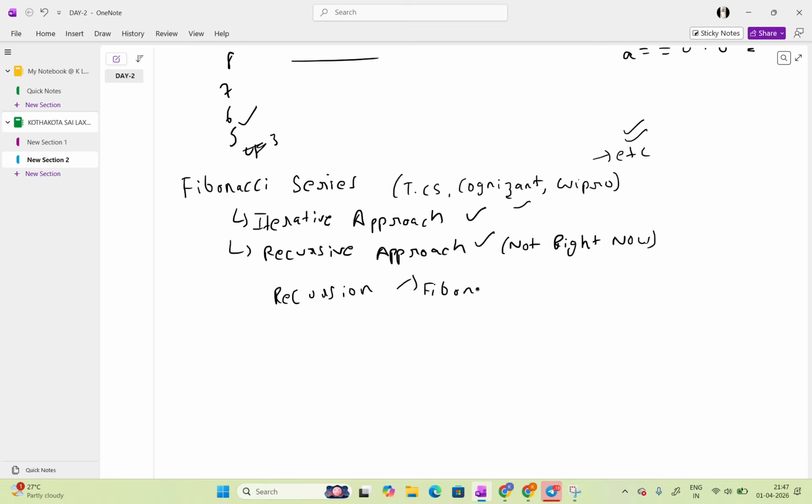Okay, what is meant by the Fibonacci series? I will give clarity. Initially we have a is equal to 0 and b is equal to 1.